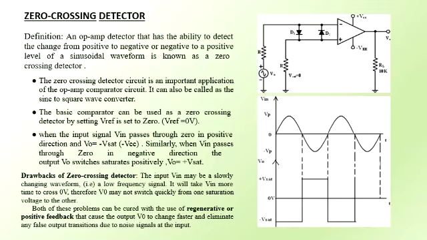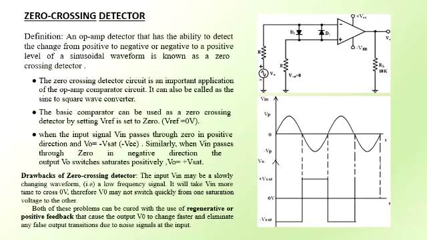Similarly, when V in passes through 0 in the negative direction, the output switches to positive saturation, meaning output equals positive saturation.